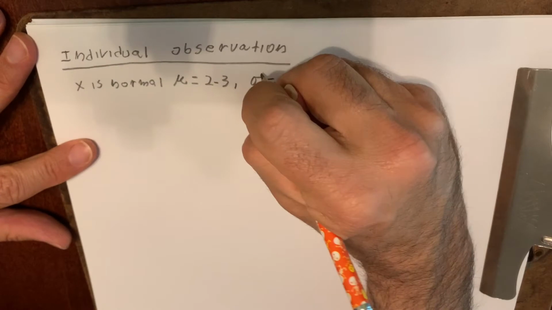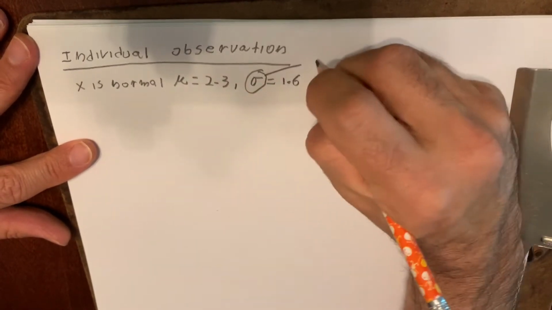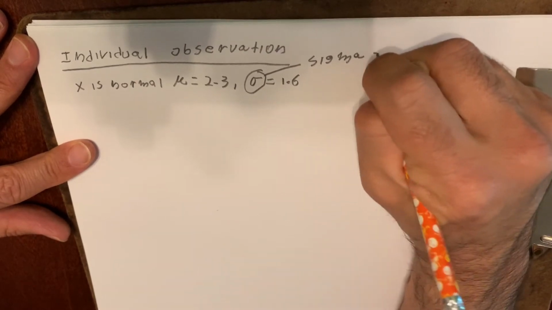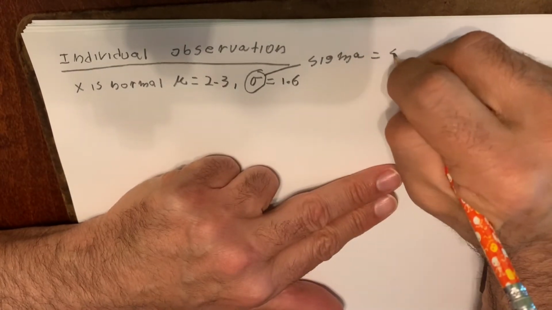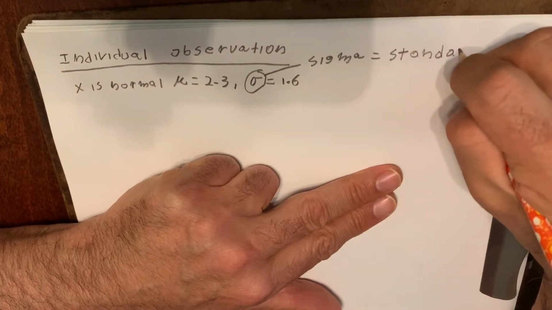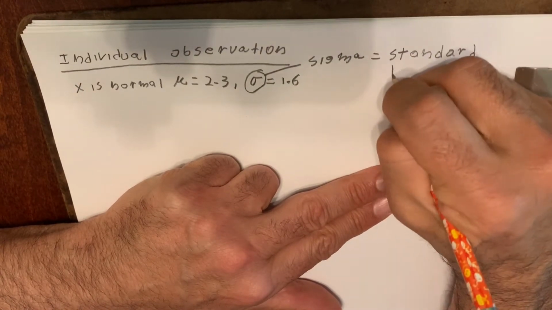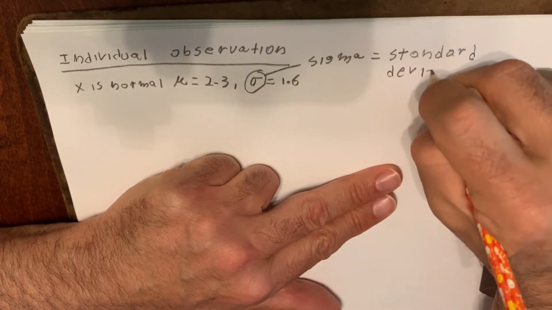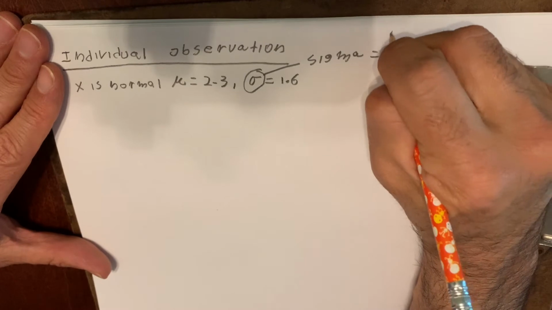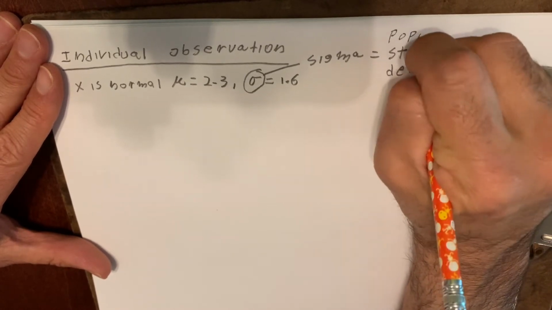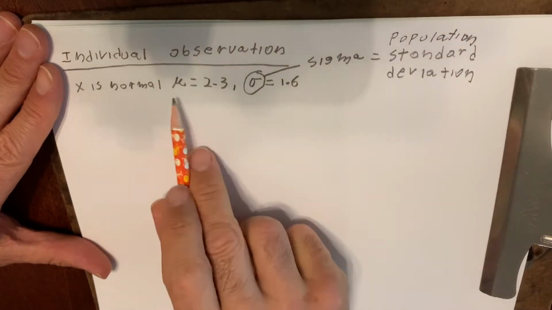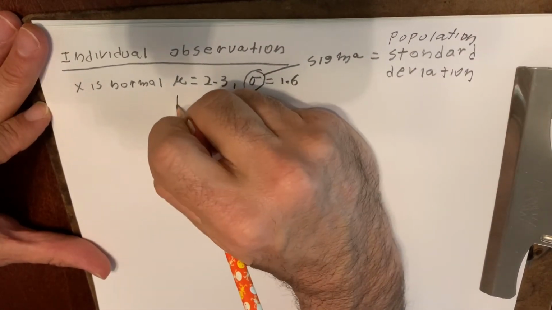Now, this is the Greek letter sigma, and this equals the standard deviation. And just to be clear, this is the population standard deviation. And this is the population mean.